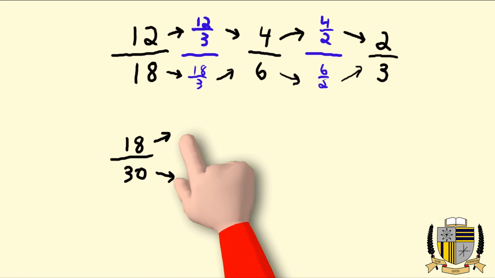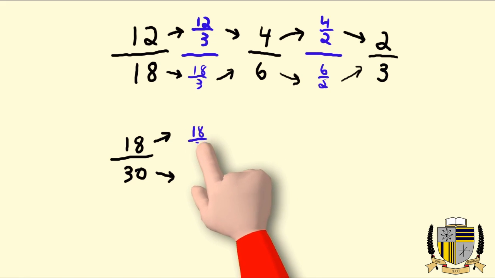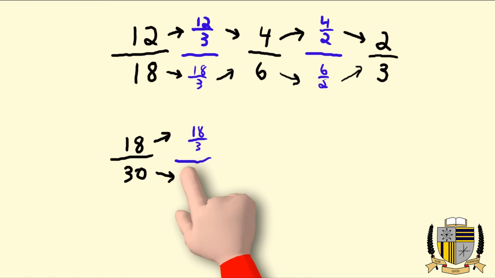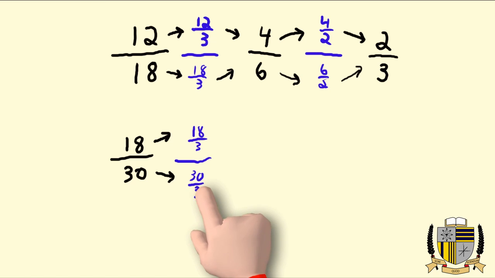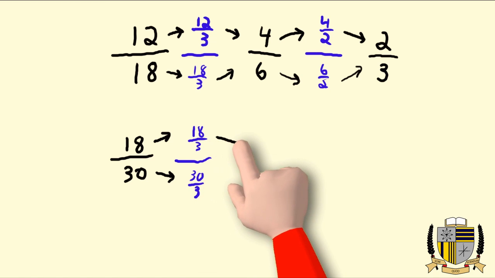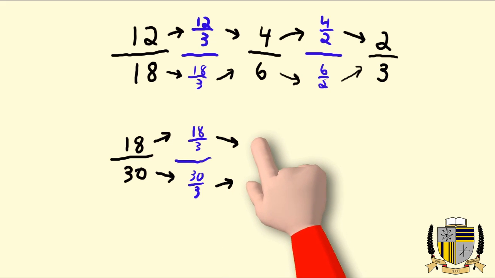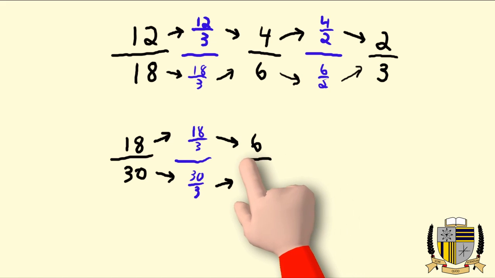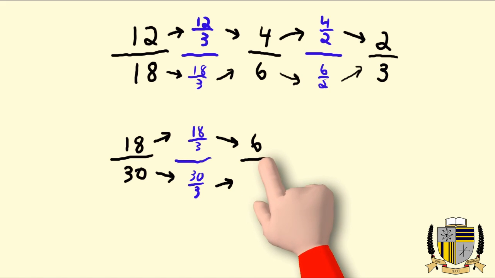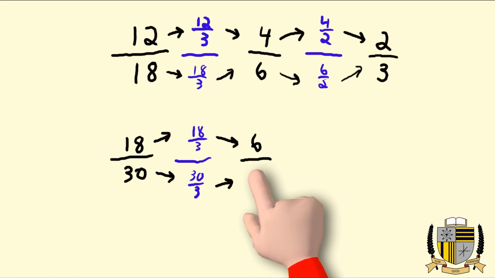So I would say, okay, 18 divided by 3, and then 30 divided by 3 also. And 18 divided by 3 brings us to 6, and 30 divided by 3 takes us to 10.